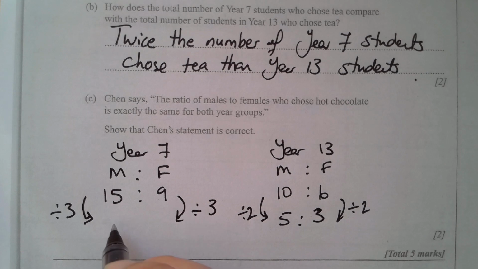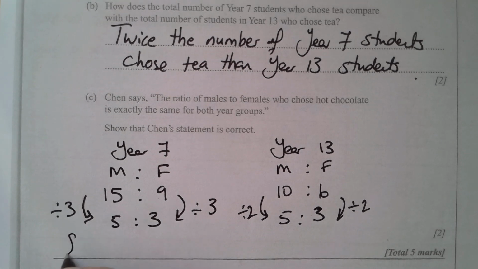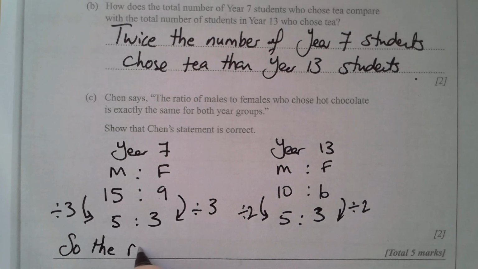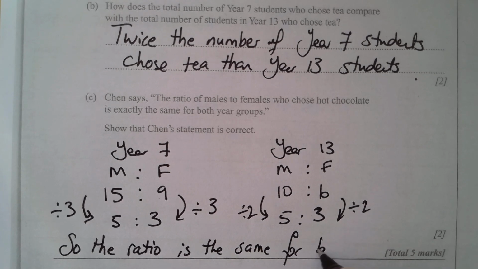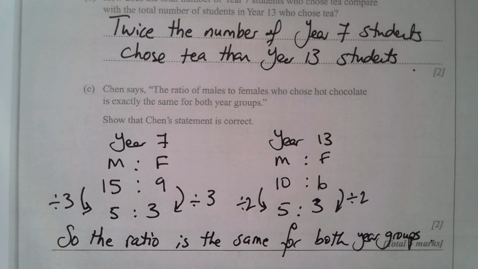Which times table are they both in? 5 to 3, 5 to 3, males to females. Five marks in total for that question.